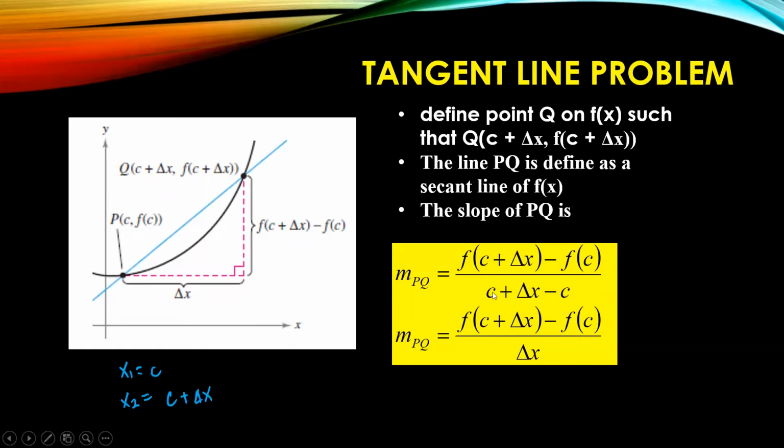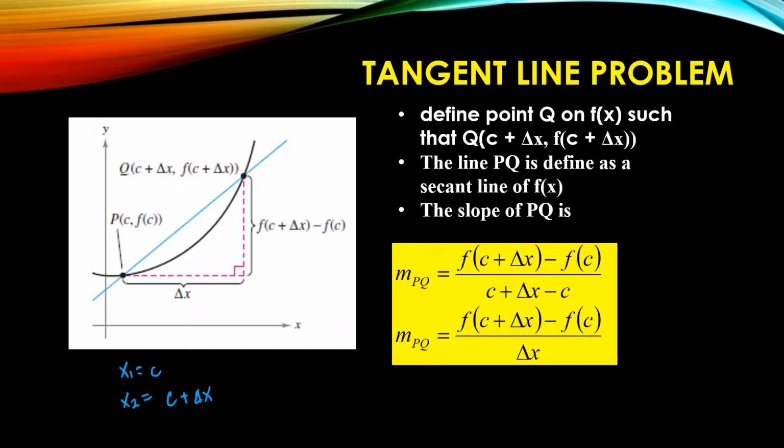Therefore, here, on top, the slope is delta y over delta x. So the delta y would be the y2, which is here, f of c plus delta x, minus y1, which is simply f of c, over x2, which is this one, minus x1.